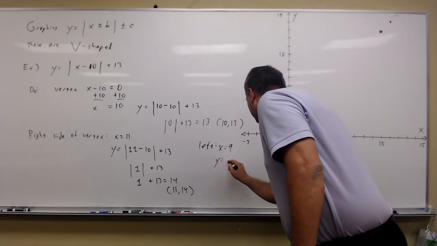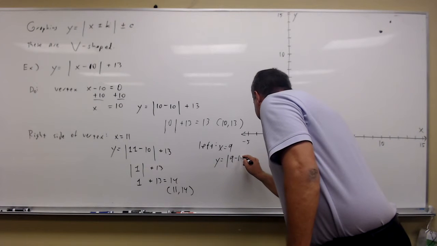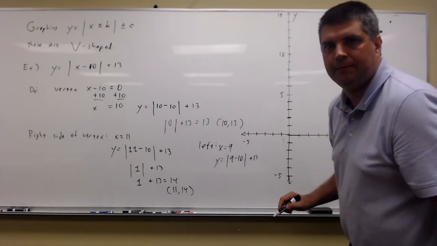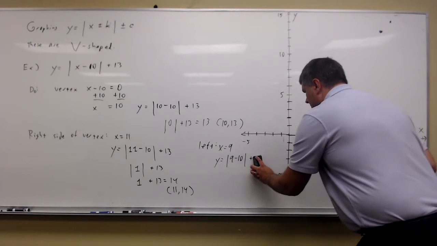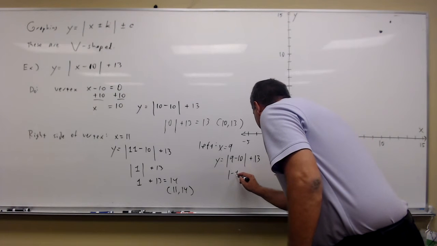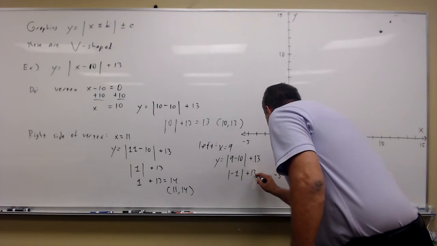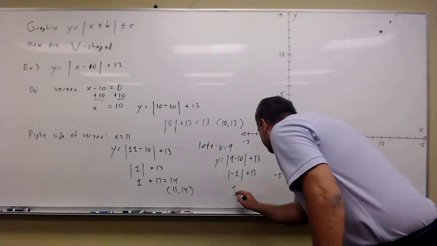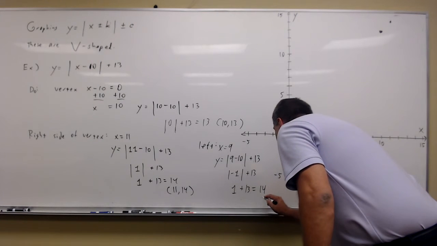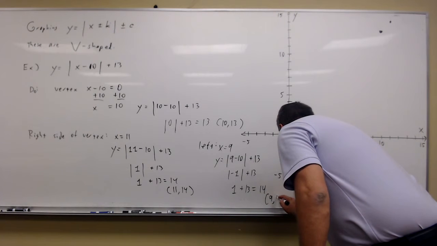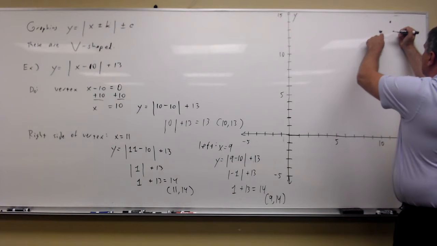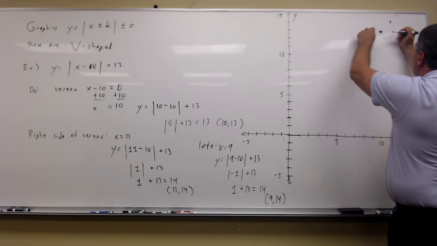So y would equal the absolute value of 9 minus 10 plus 13. That's the absolute value of negative 1 plus 13. The absolute value of negative 1 is 1. So 1 plus 13 is 14. So this would be 9, 14. So 1 over, 1 up.